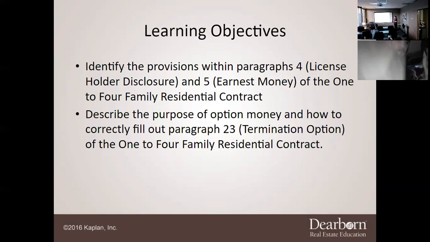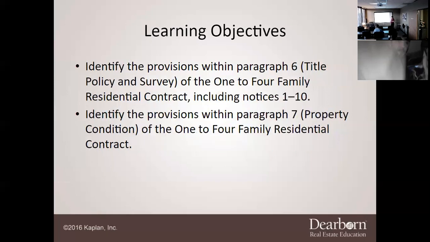As you can see, the first bullet in this situation, we want to identify the provisions within paragraph 4 of the license holder disclosure. We're also going to look at paragraph 5, the earnest money of the 1 to 4 family. We'll also describe the purpose of option money and how to completely and correctly fill it out in paragraph 23, which is your termination option of the 1 to 4 family.